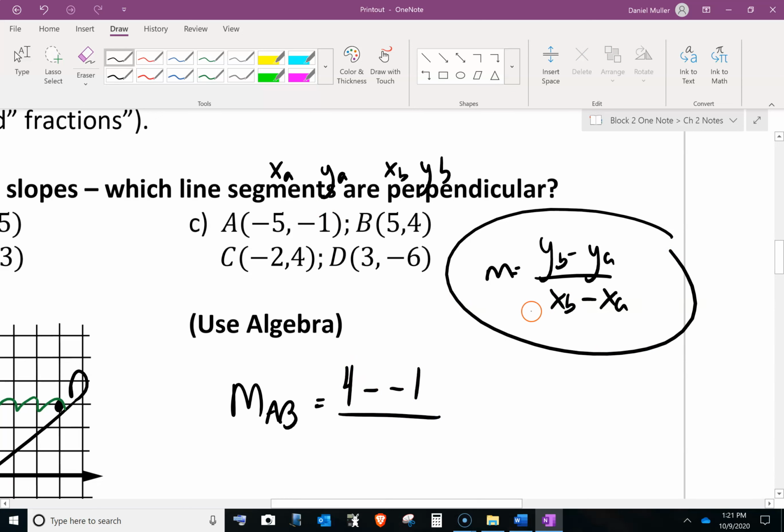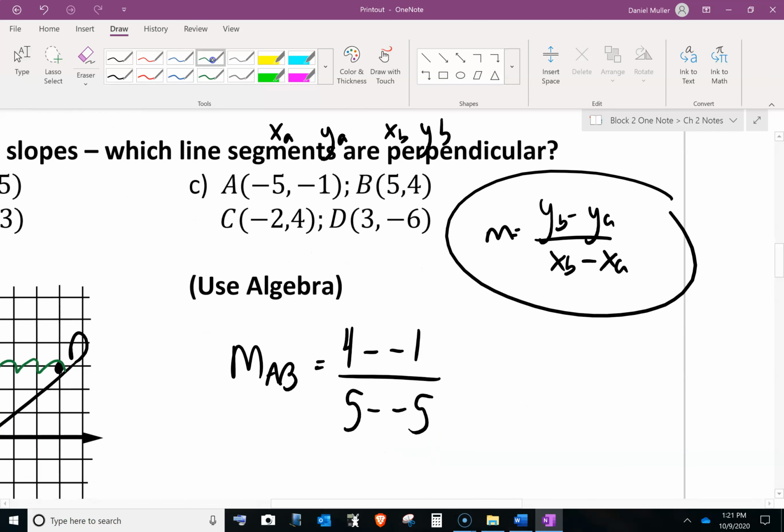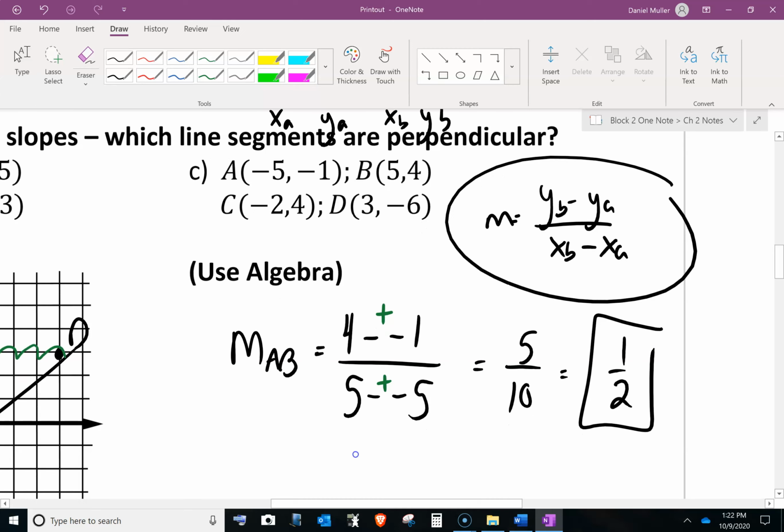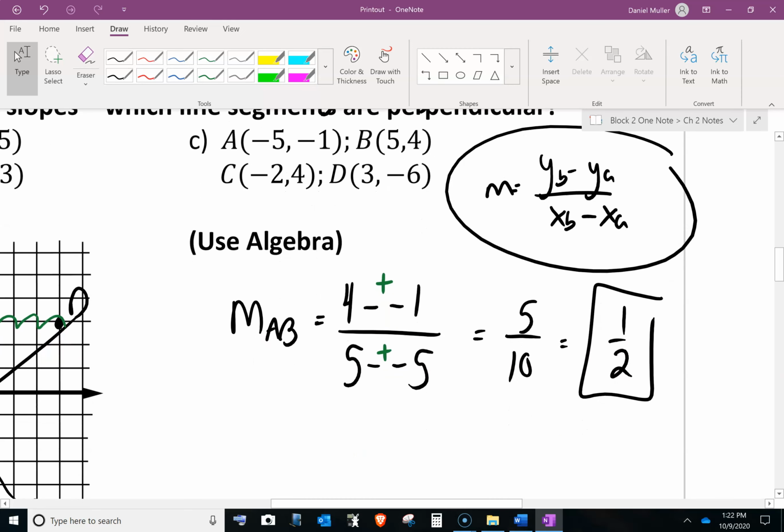Now XB is 5 here, and XA is negative 5. So we're going to minus, and then we're going to minus a negative 5. Okay, well, that will be a plus, and that'll be a plus. So 4 plus 1 is 5. 5 plus 5 is 10. So those can be reduced to a half.